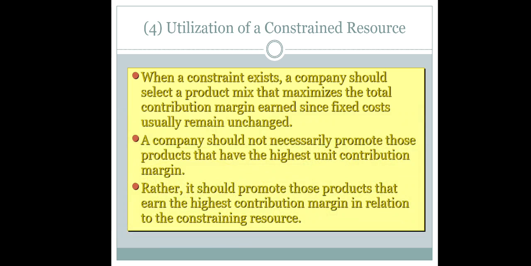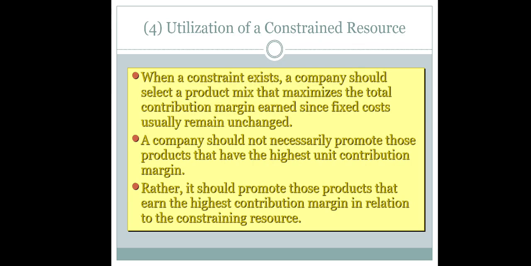Remember, what is the contribution margin? Contribution margin is revenue minus variable costs or expenses. A company should not necessarily promote those products that have the highest unit contribution margin. Rather, it should promote those products that earn the highest contribution margin in relation to the constraining resource.